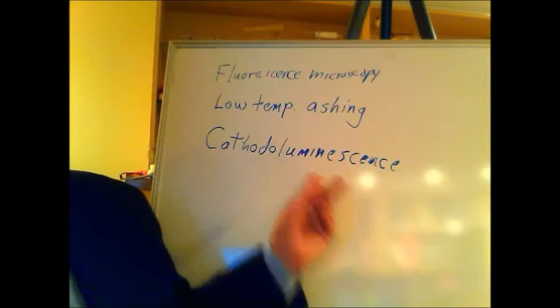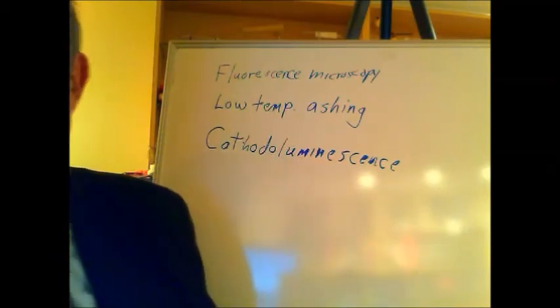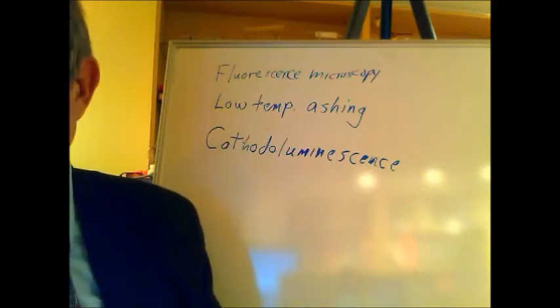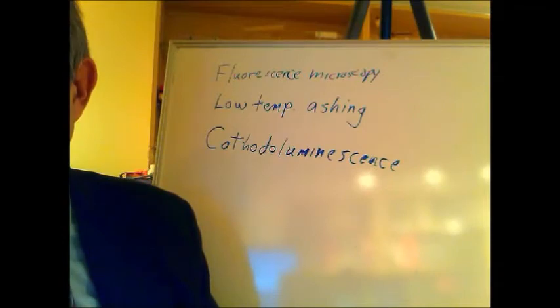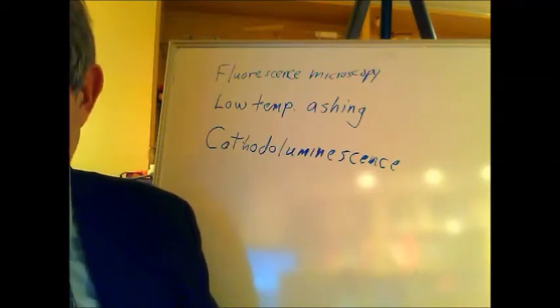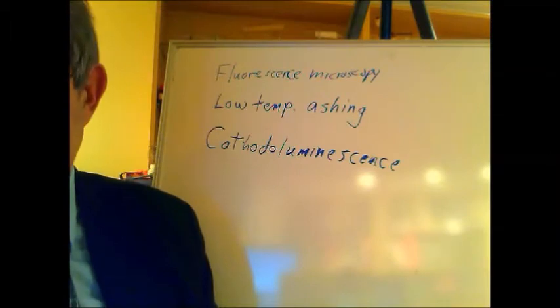Cathodoluminescence is a technique in which cathodic electrons are accelerated using an electrical field to high speeds and high energies, and they will strike an insulator or semiconductor. In this case, it's going to be a filler or inorganic pigment that is in the paint itself.